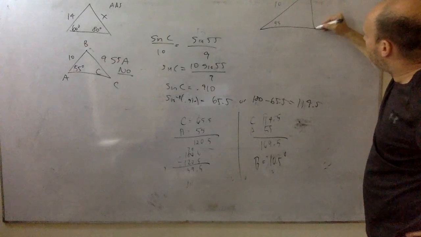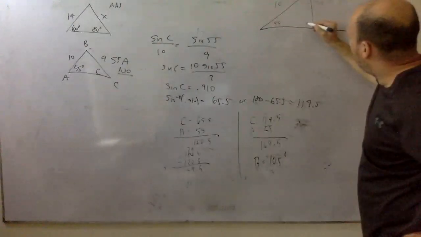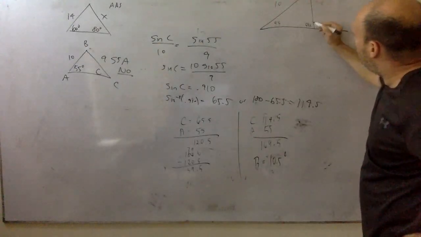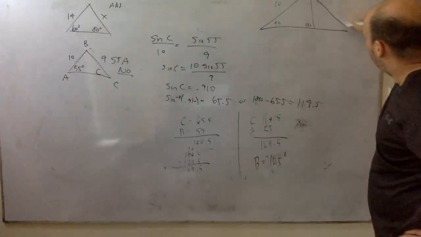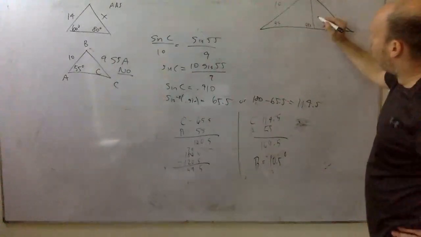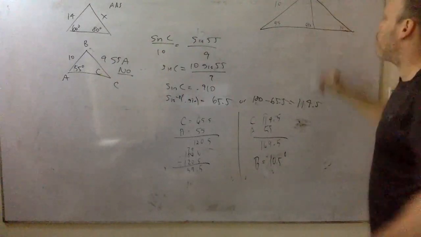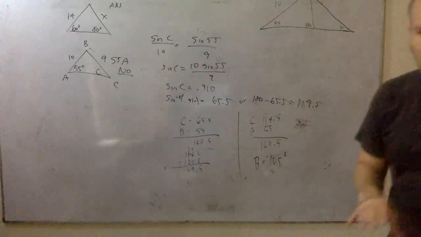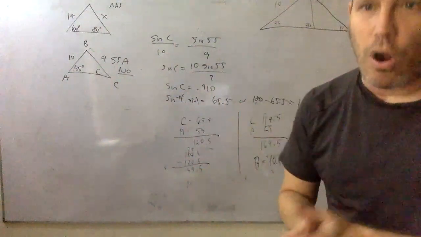Oh, I see. This is 59.5, or like this is 10. So these could be the two triangles that represent that.